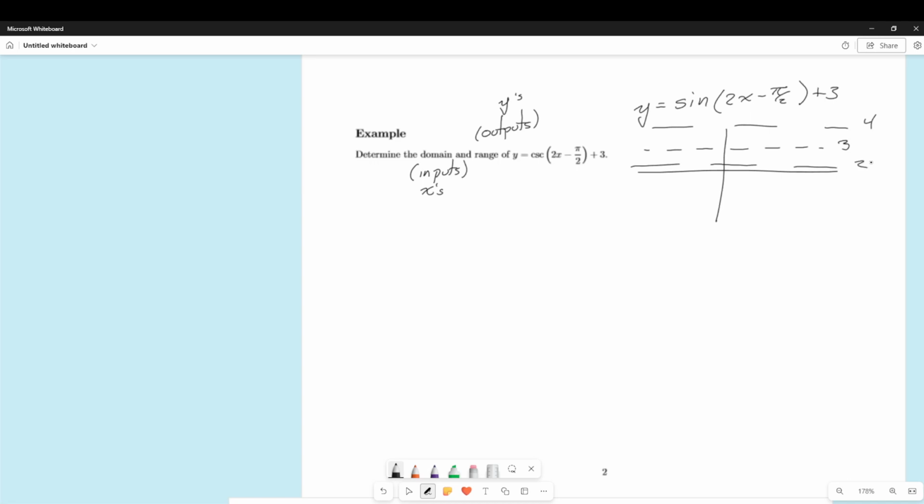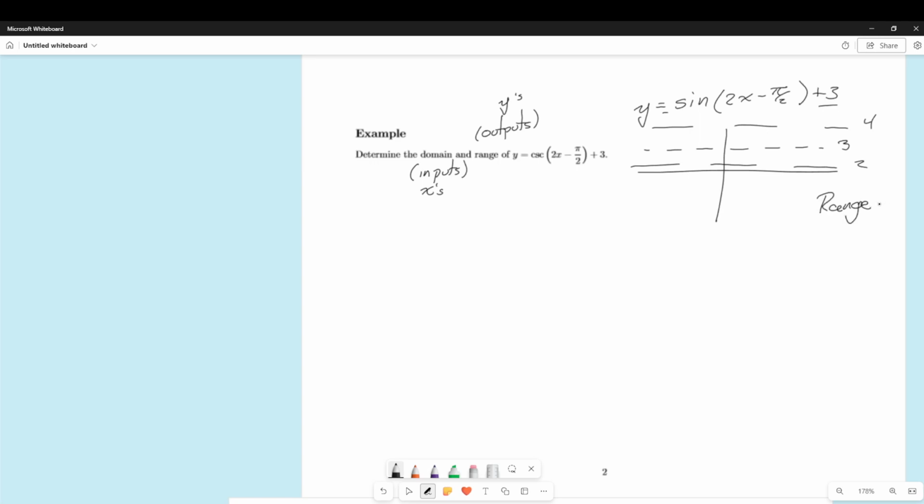And really, we know our sine will be trapped in between those. So our cosecant, the reciprocal, will be outside of those, above and below. So even just from looking at my midline and my amplitude of 1, we know the range already.